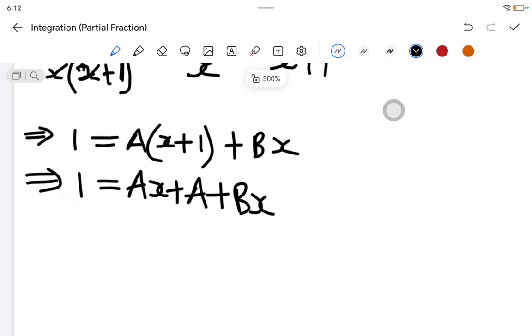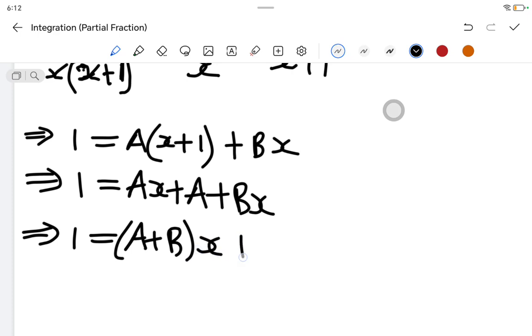And from here I can say this side is (a plus b), x outside, plus a. So if we check here, this is a plus b is equal to x.